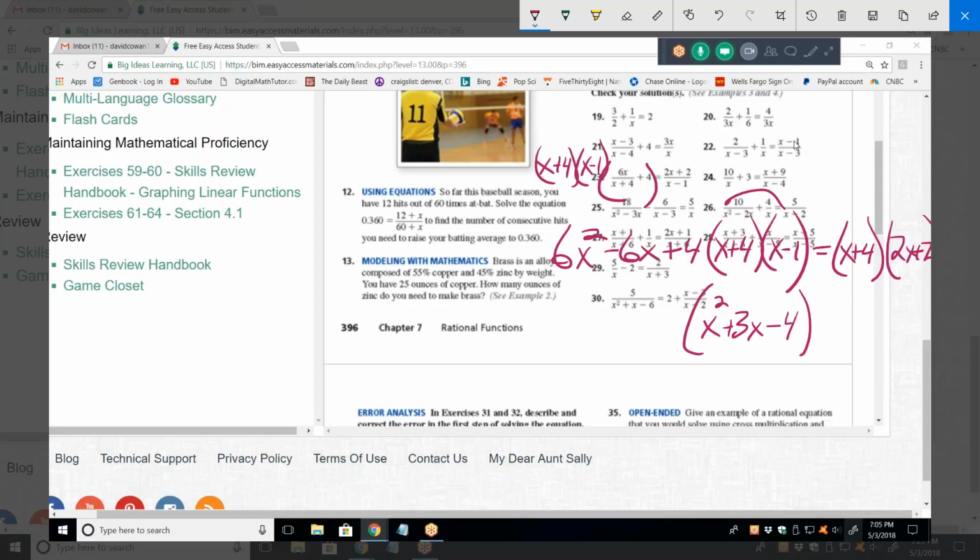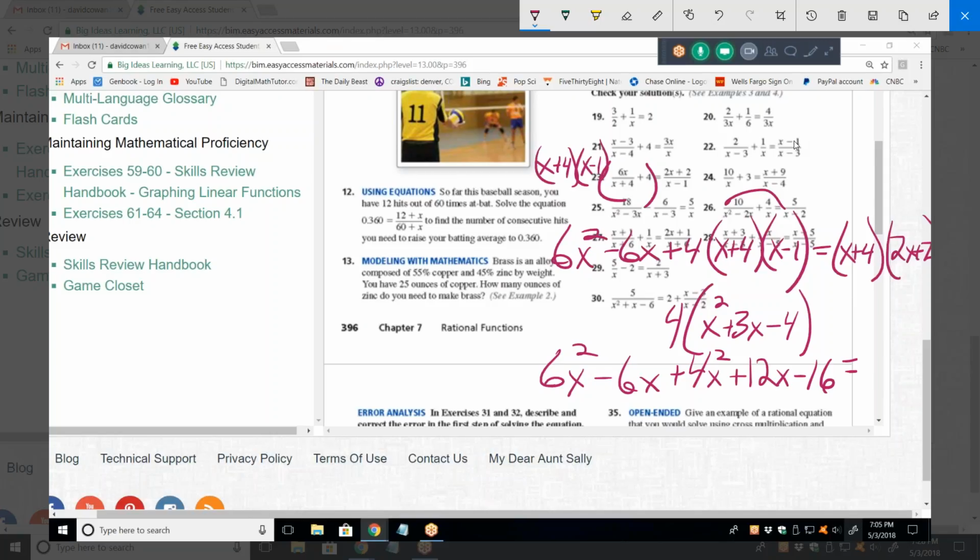Now I've got to multiply all of that by 4. So 4x squared plus, let's just write it out from the start. Most important thing here is don't make a silly error. Okay, that's my left side.